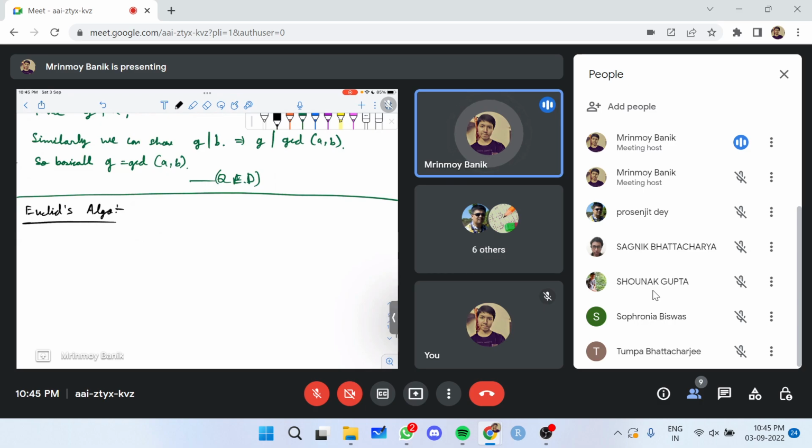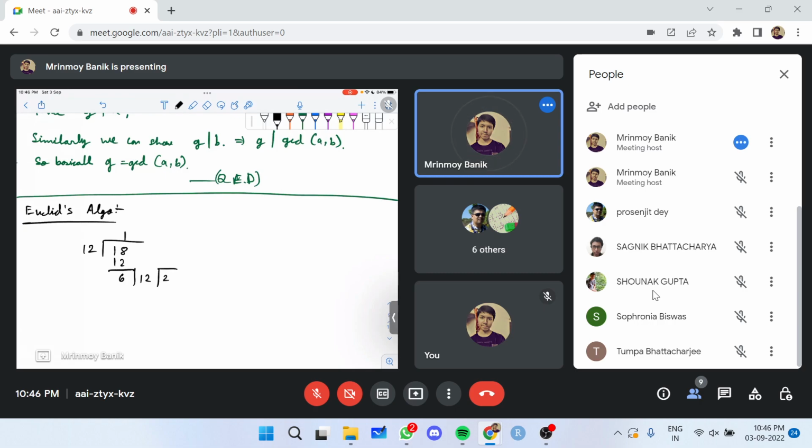So as I just demonstrated last week, in your primary school you must have learned that division rule for finding HCF. Suppose between 12 and 18, you first took the smaller one and tried to divide the larger one with it. So you got some remainder 6, and then tried to divide the divisor with that remainder.